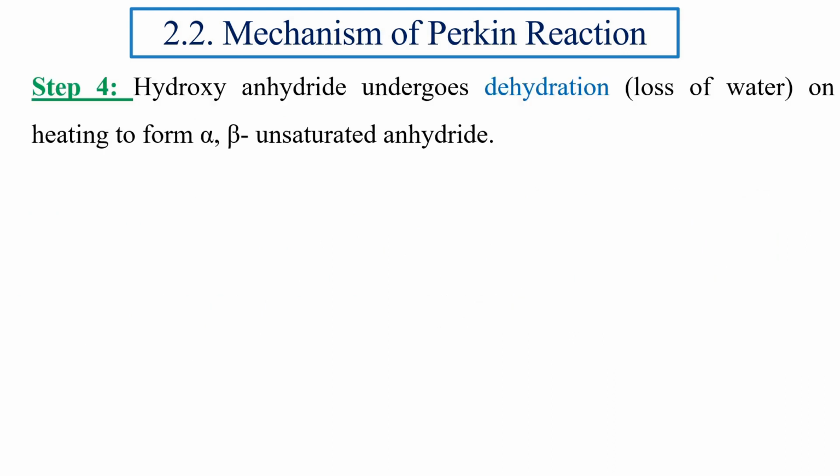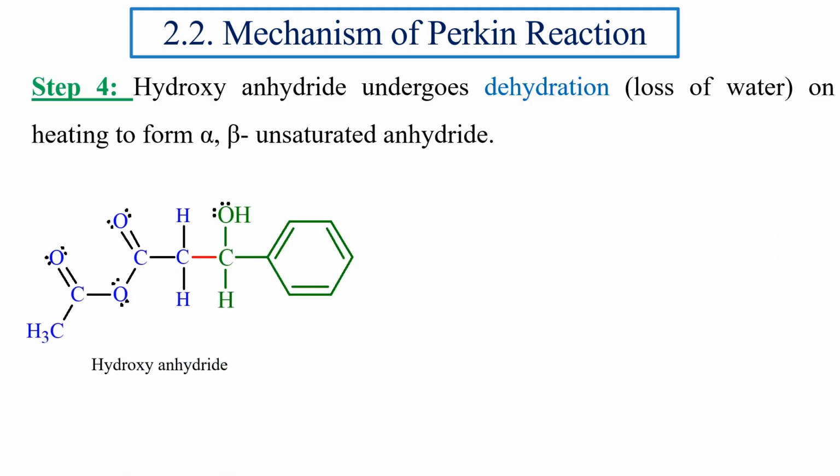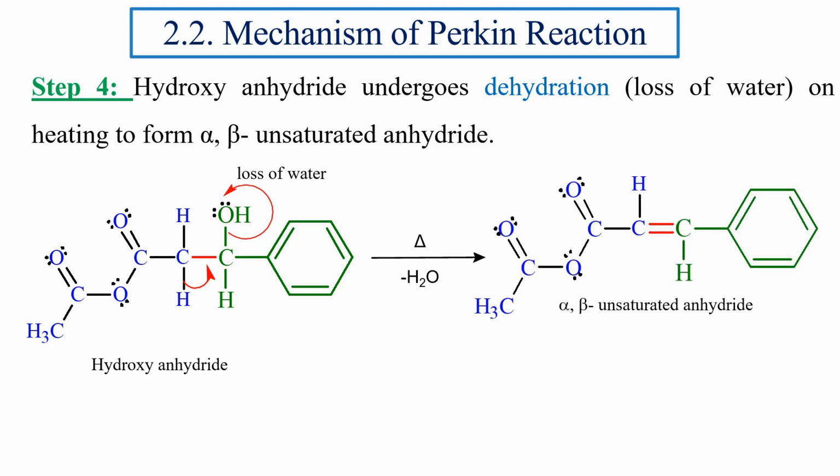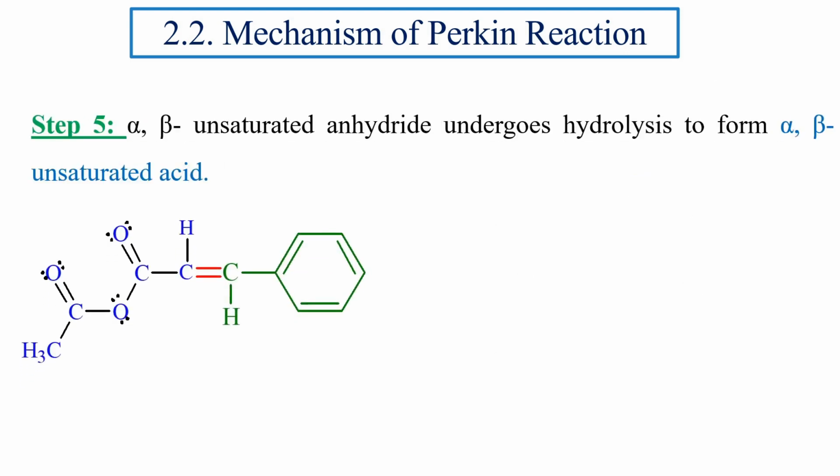This hydroxy anhydride undergoes dehydration, that means it loses a water molecule on heating, to form alpha, beta unsaturated anhydride. Alpha, beta unsaturated anhydride undergoes hydrolysis to form alpha, beta unsaturated acid.